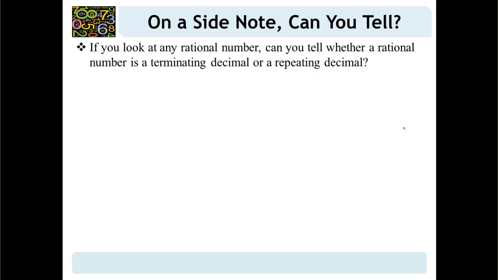All right, now let's go back to this on a side note. If you have any rational number, how can you tell whether that rational number is a terminating decimal or a repeating decimal? This is how we can tell.